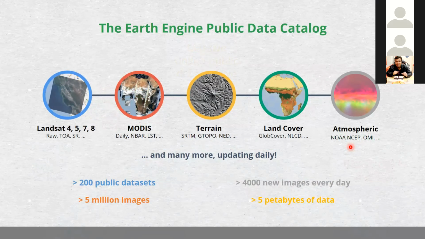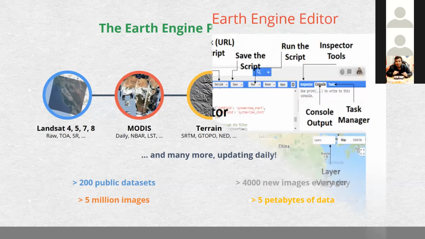So as I told you, it has a huge amount of public data archive. It has Landsat datasets from 4 to 9. It has MODIS datasets with different types of MODIS products, different types of terrain datasets like SRTM, GTOPO, digital elevation models, then numerous land use land cover datasets, and various atmospheric datasets are already ingested in the Earth Engine public data catalog.